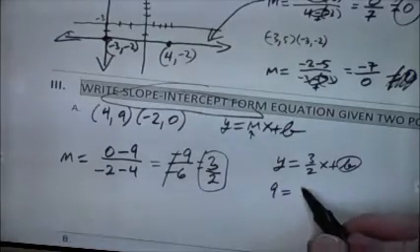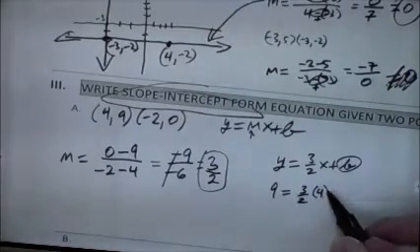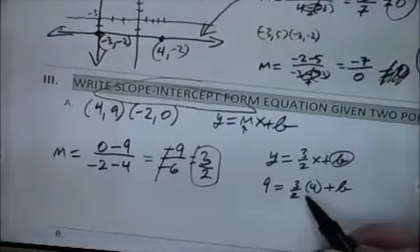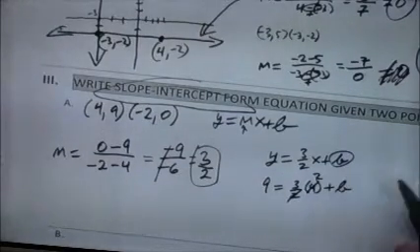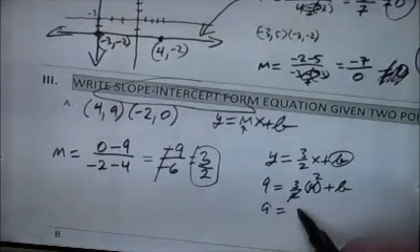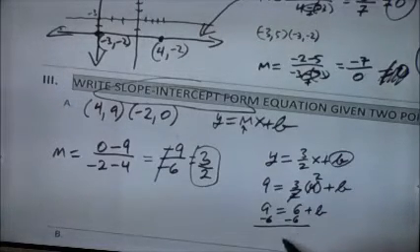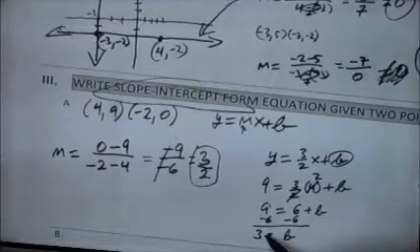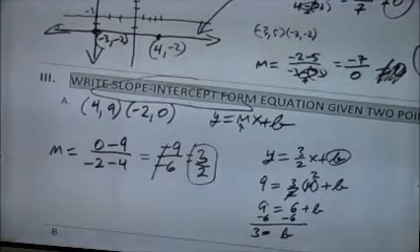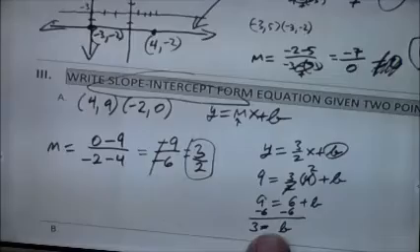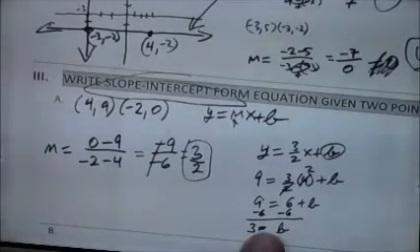So 9 is equal to 3 over 2 times 4, plus b. 2 goes into 2 once and 4 twice. So that's 9 is equal to 6 plus b. Let's subtract the 6 on both sides, so b is equal to 3. 9 take away 6. So that's the place where, if we graph this, we cross the y-axis.